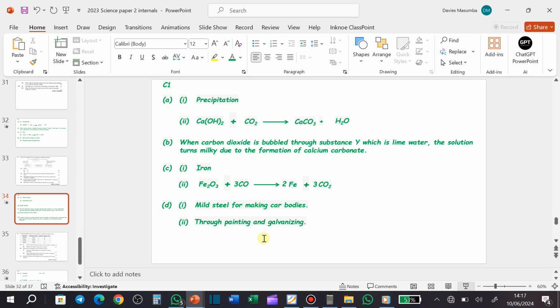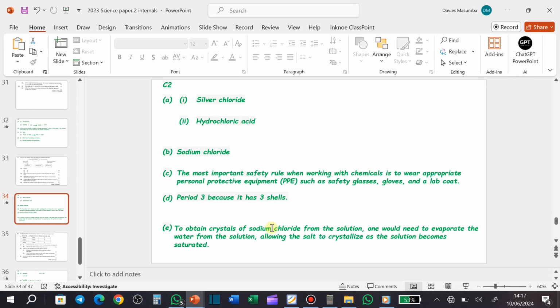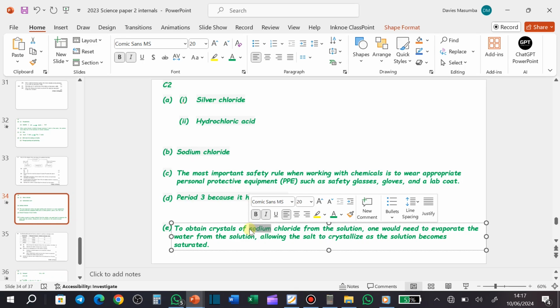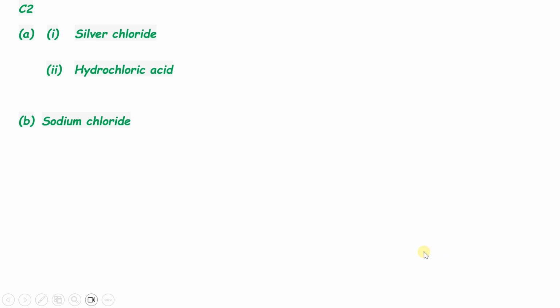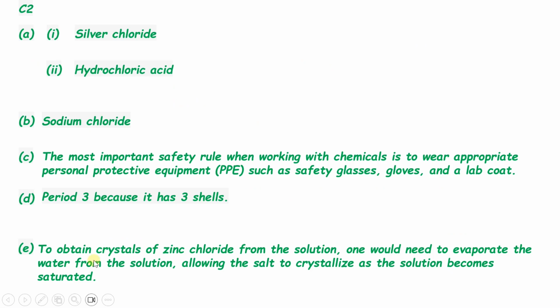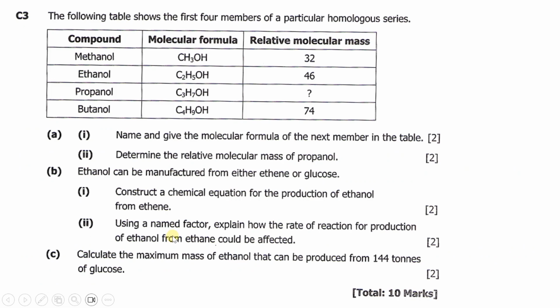I thought they're talking of zinc chloride here, so we need to put zinc chloride here. So to obtain crystals of zinc chloride from the solution, one would need to evaporate the water from the solution, allowing the salt to crystallize as the solution becomes saturated. Just like that.